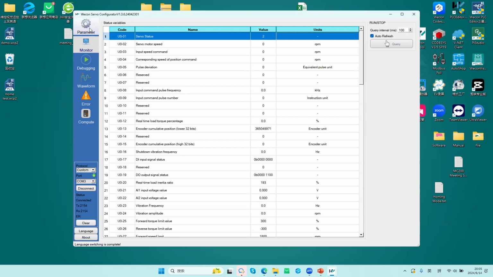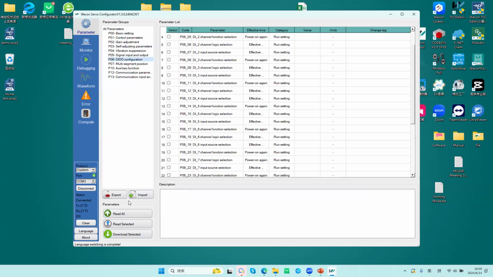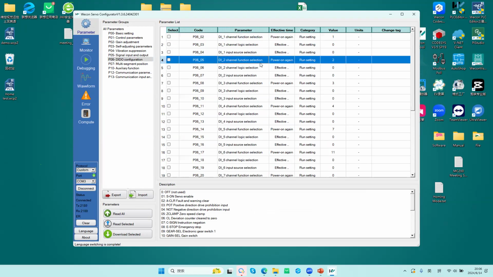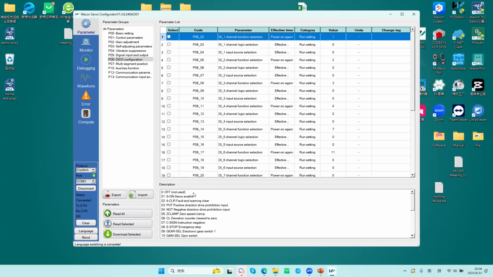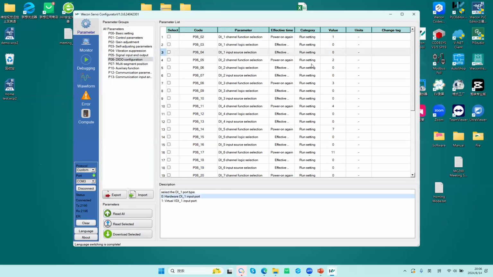Now the motor driver is in a ready status, so we first need to enable it. Here we use DI1 to enable the servo, using hardware.